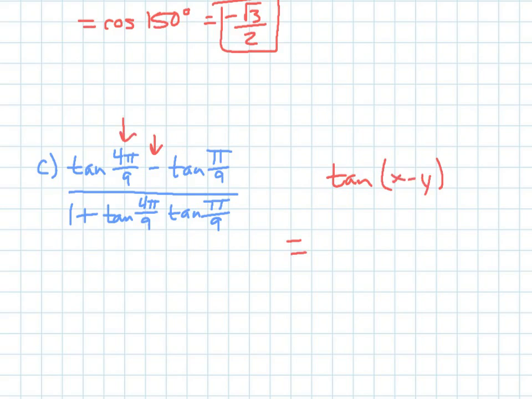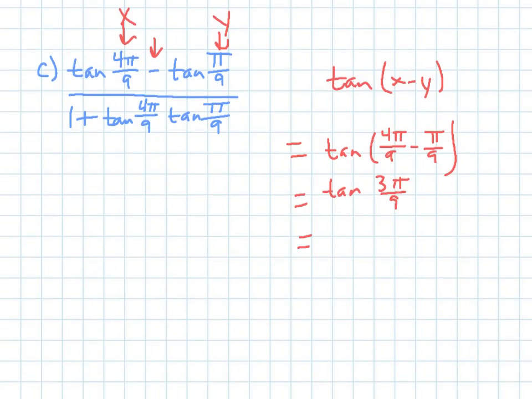And it looks like, because remember it's the same order for tangents as well, this has got to be x, that's got to be y, because of the order, so tangent of 4 pi over 9 minus pi over 9 would be the trig function that I use, and subtracting those two gives me 3 pi over 9, which reduces to tangent of pi over 3.